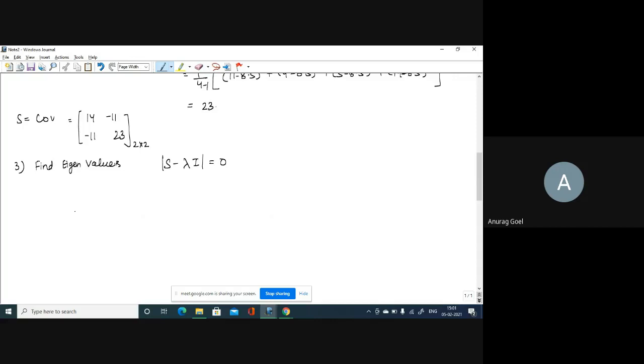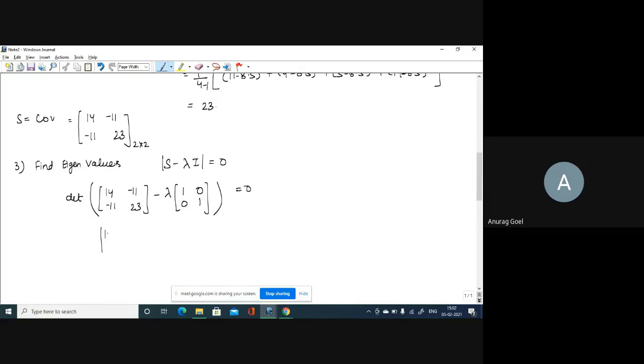So if you solve this, it would come as the matrix [14, -11; -11, 23] minus lambda times the identity matrix [1 0; 0 1], and the determinant of that is equal to 0.